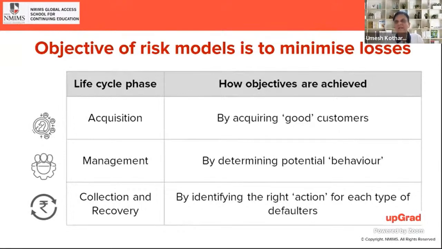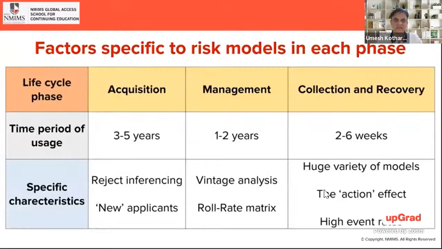In collections and recovery, you take the right action to determine the defaulter, minimize your credit losses, and make sure your portfolio is healthy. So these are the three stages of your customer life cycle, with the objectives at each stage.